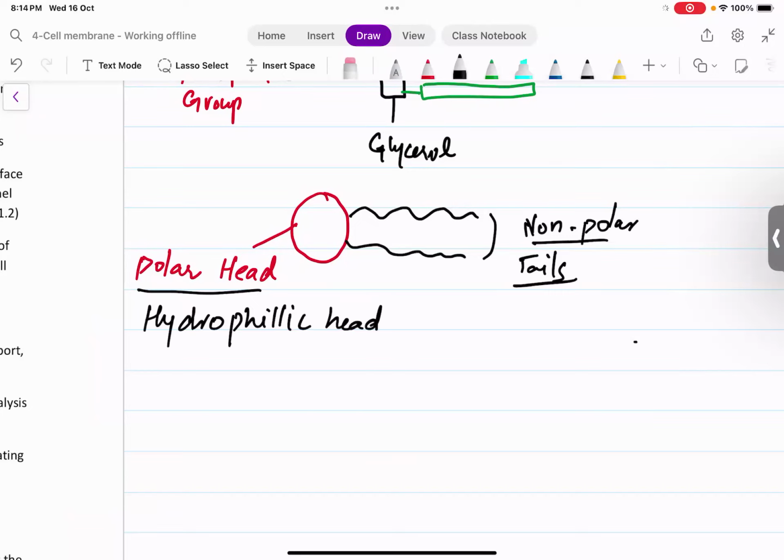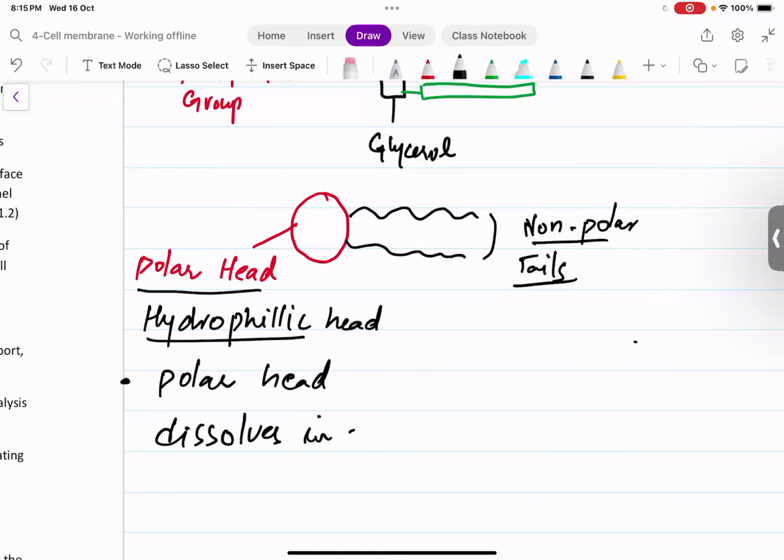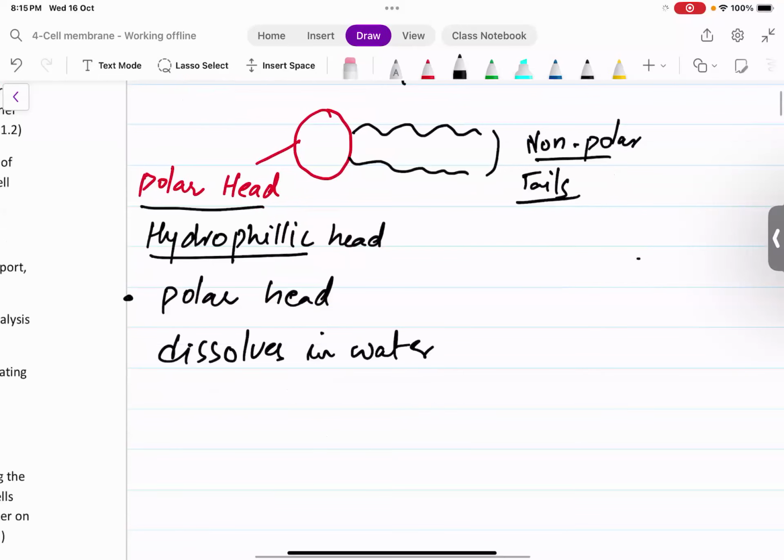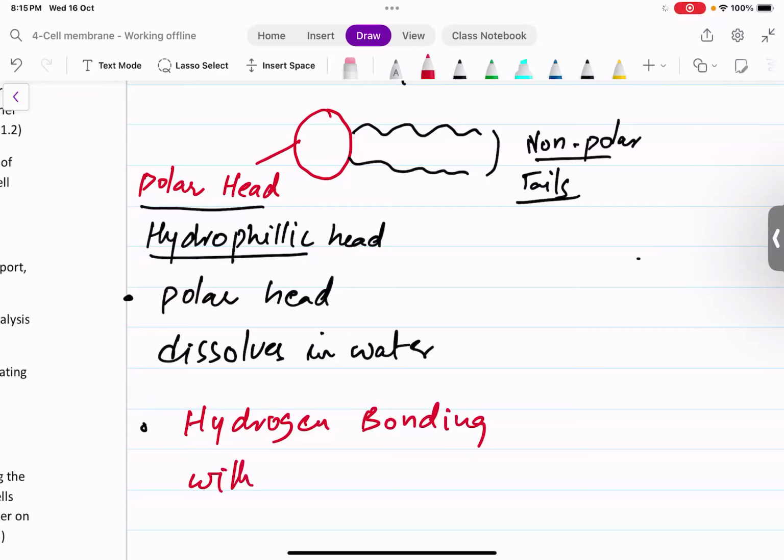Okay, and hydrophilic means this has an attraction for water, so the polar head dissolves in water by making hydrogen bonding with water.